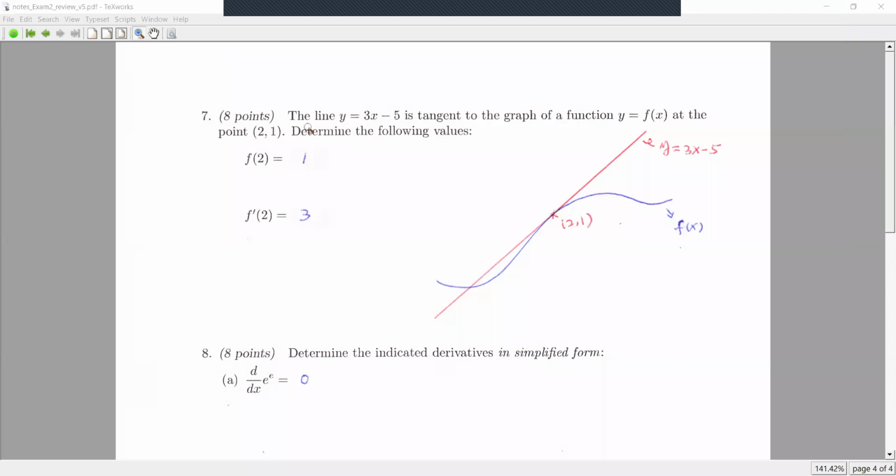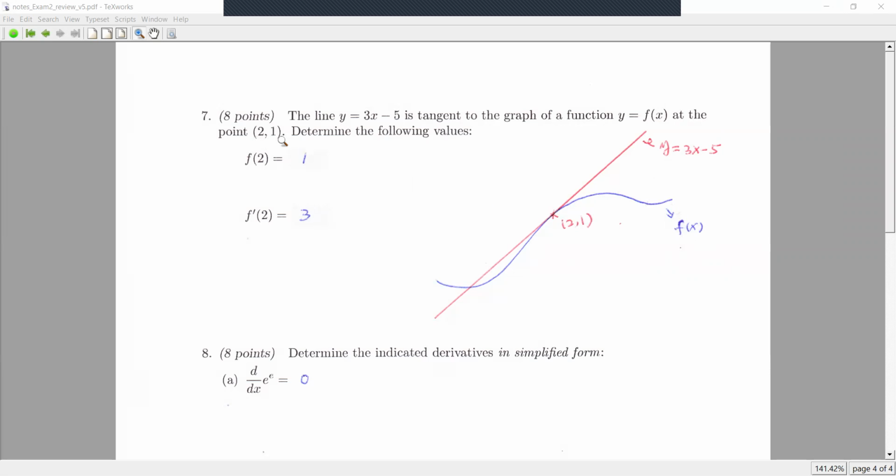Problem 7. The line y equals 3x minus 5 is tangent to the graph of a function f at the point (2, 1). Determine the following values: the function value at 2 and the derivative of f at 2. To help myself answer the questions, I arbitrarily draw a curve, and suppose this curve is the graph of function f.